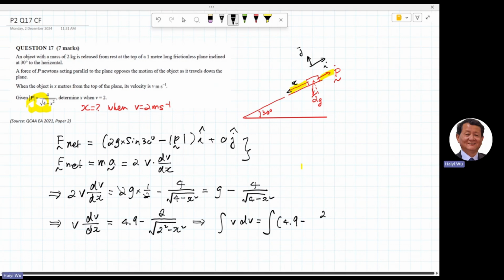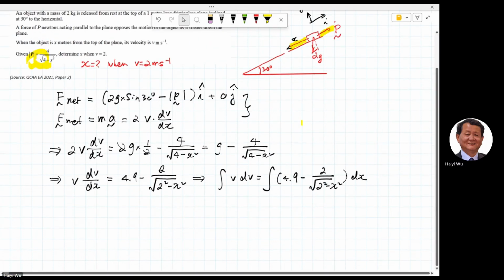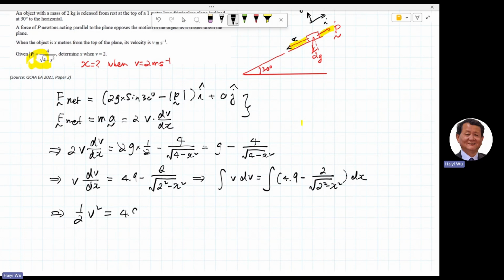So 2 over the square root of 2 squared minus x squared, dx. The left-hand side is obviously half of v squared, equal to the right-hand side, 4.9x, minus 2 times the integral, which according to the formula sheet is inverse sine of x over 2, plus c.